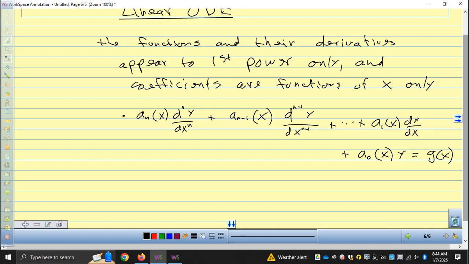This would be a linear differential equation of order n.